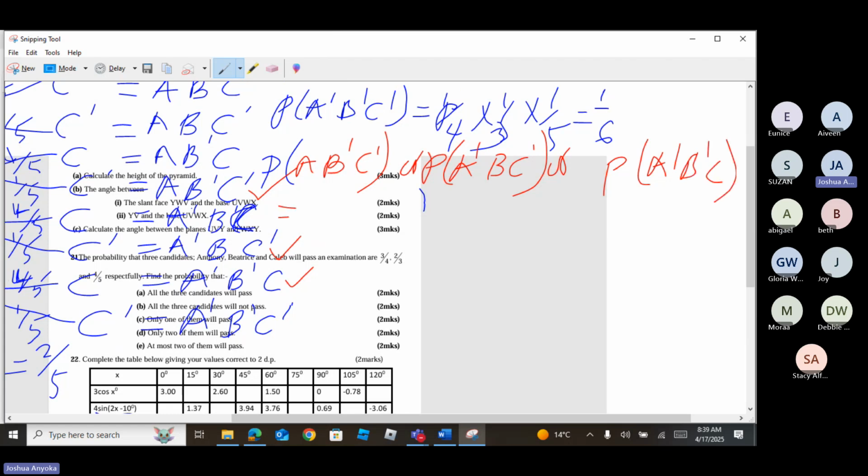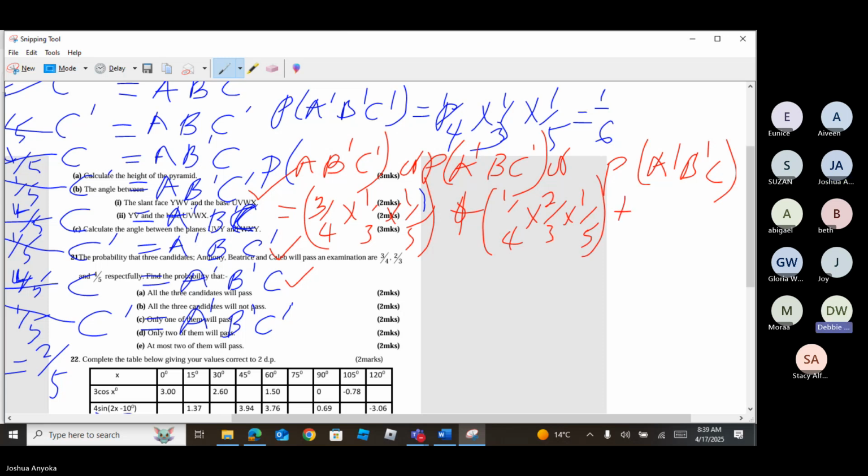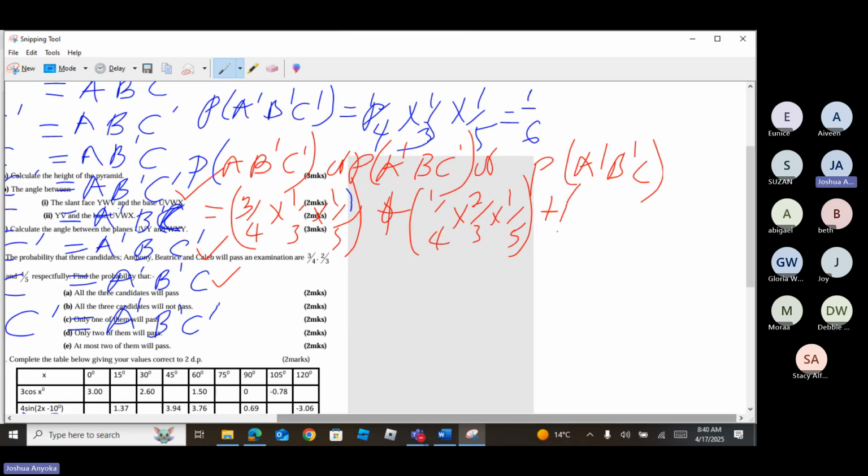This one gives us 3/4 times 1/3 times 1/5. All means plus 1/4 times 2/3 times 1/5 plus 1/4 times 1/3 times, what was the last one? It's not 5.